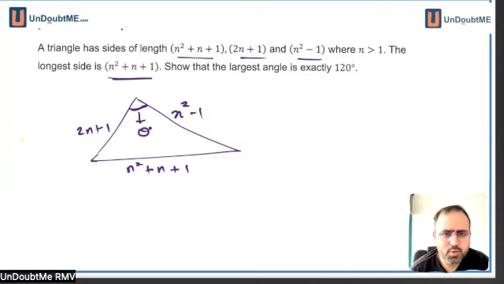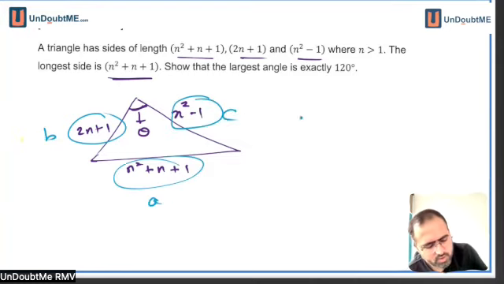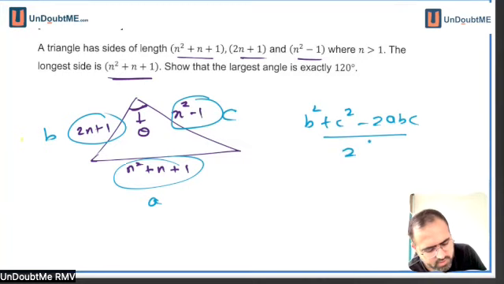So straight away go with the cosine rule. I'm writing them as A, B, and C. So we need to write cos of the angle equals b square plus c square minus a square over 2bc.